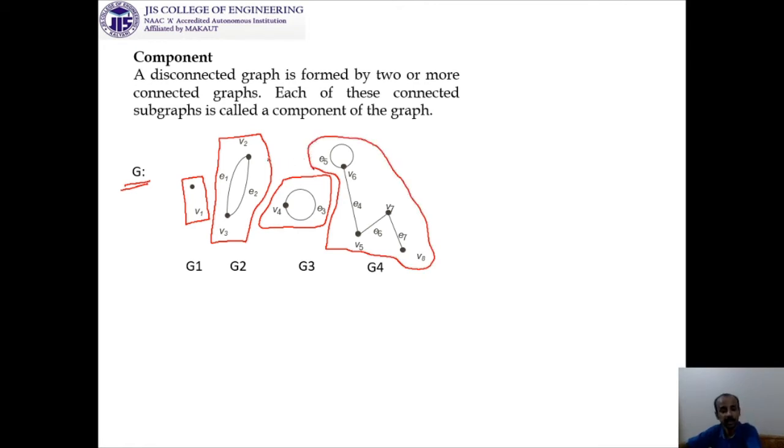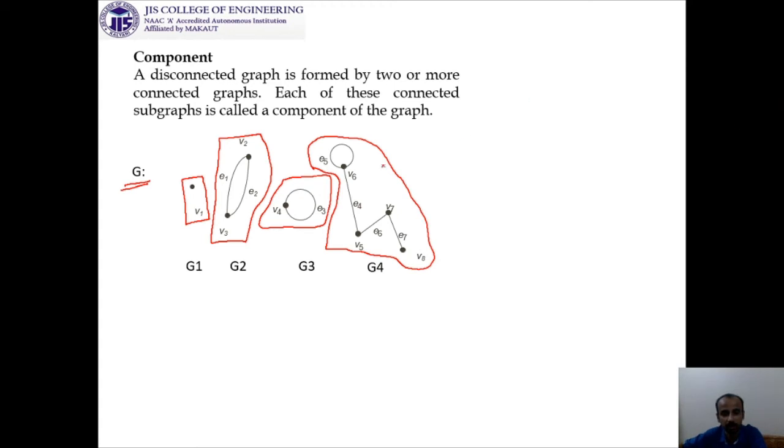Is it a connected graph? All of you know that it is not a connected graph, it is a disconnected graph. But G1, G2, G3, G4, are they individually connected? The answer is yes. So what are they? They are components of the disconnected graph G.